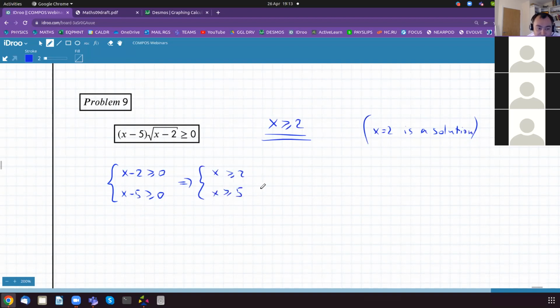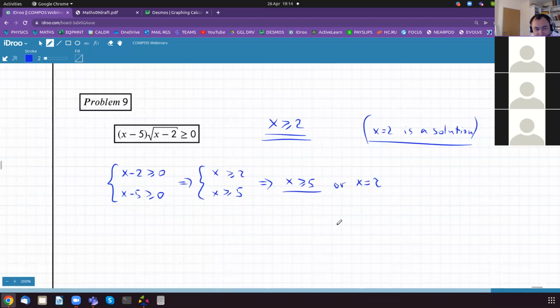And combining the two, we can say that x is greater or equal to 5, of course. But here we lost the 2, and this is where we remember it. Oh, x equals 2 is a solution. So it's always good to check the critical points. So x is greater than 5, or x equals 2.